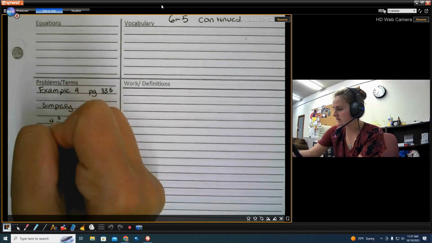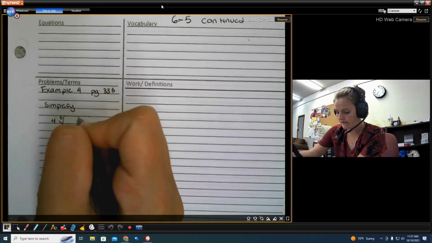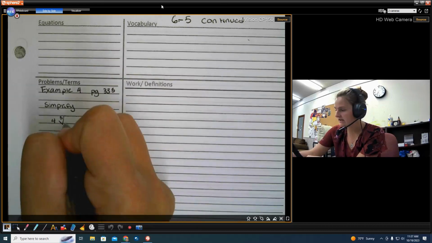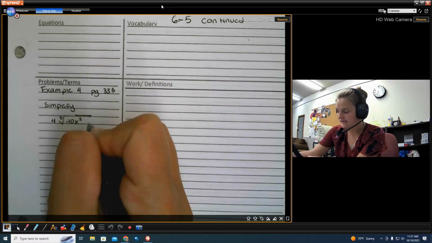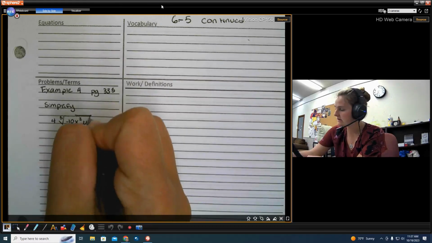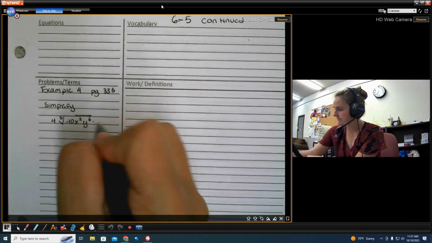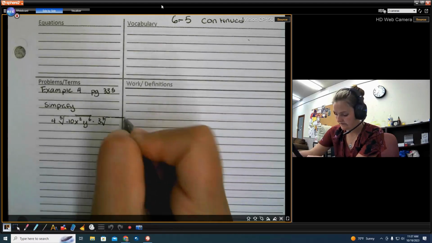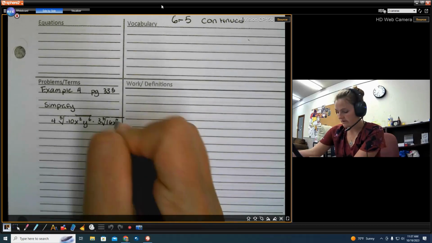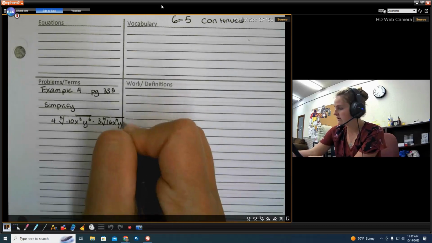Four times the 5th root of negative 10 x squared y to the 6th times 3 the 5th root of 16 x to the 4th y to the 4th.